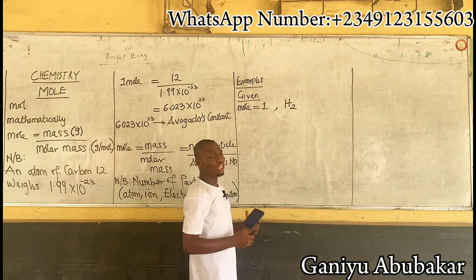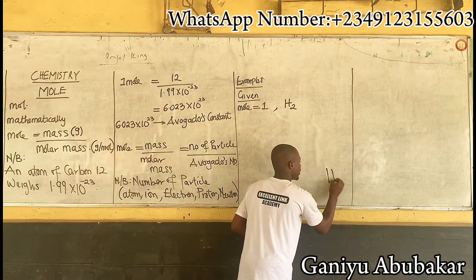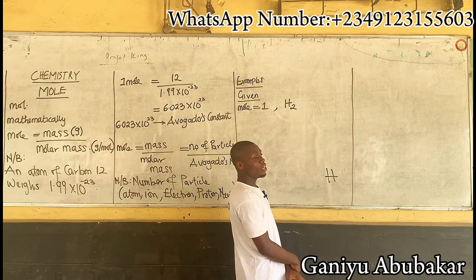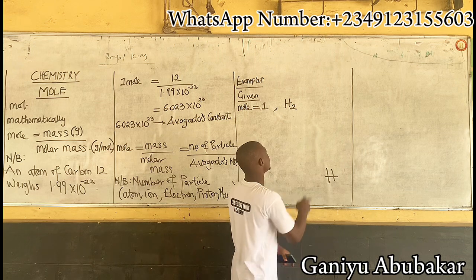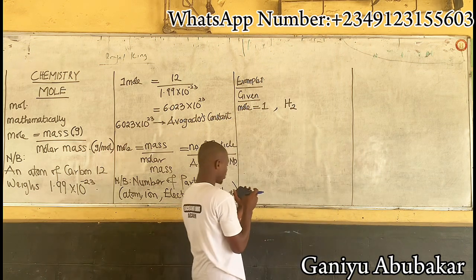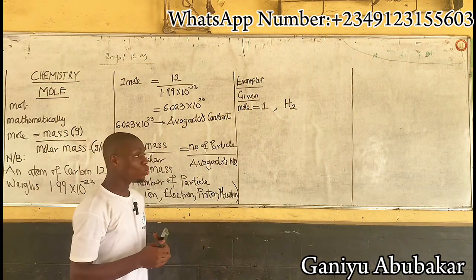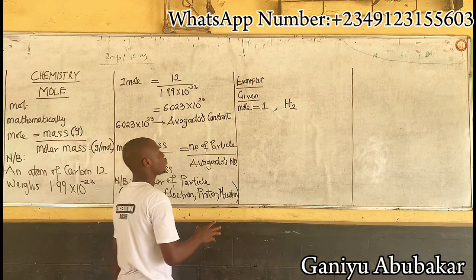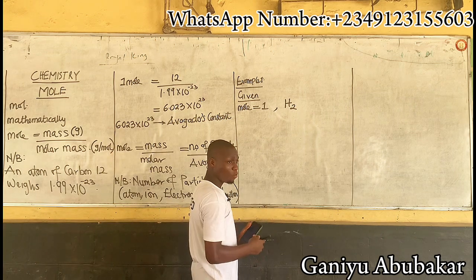If I have just H, it signifies just hydrogen. If I say hydrogen molecule, it means diatomic, 2 of it. As you can see, it says how many atoms. So solving this problem is quite easy. Your very first task is to recall your mole formula.